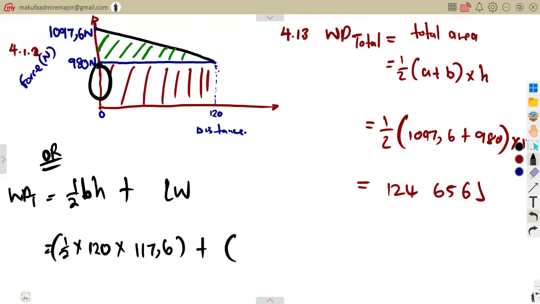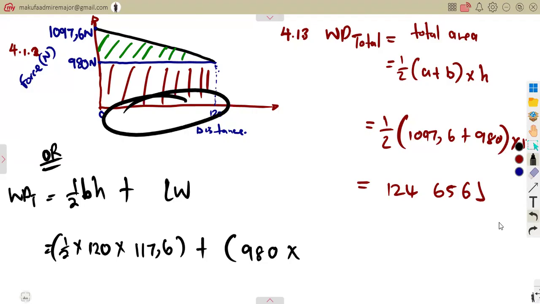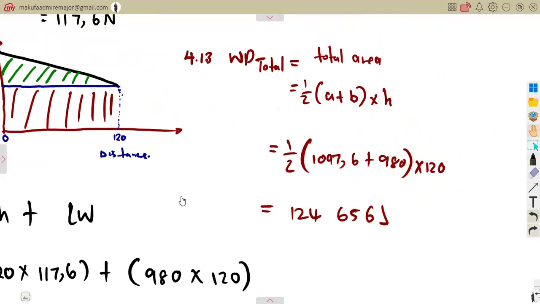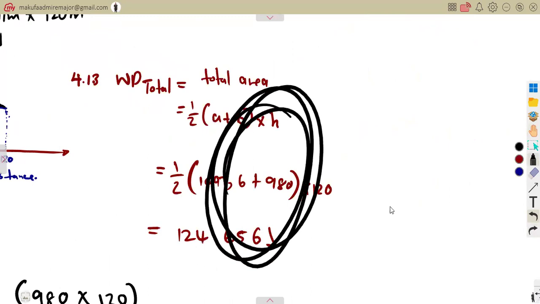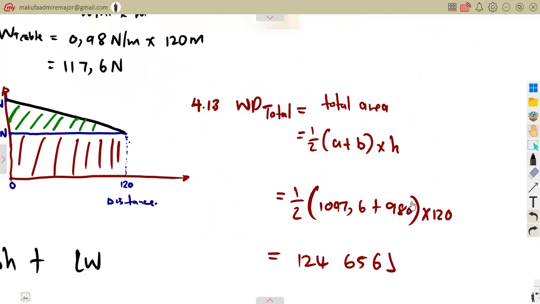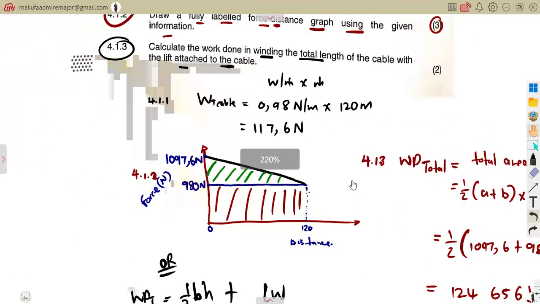This is your length, 980, times the breadth or the width, which is 120. I want you to combine this and see if you are going to have the same answer. Or you can just consider your area directly using the trapezium that we are given there.